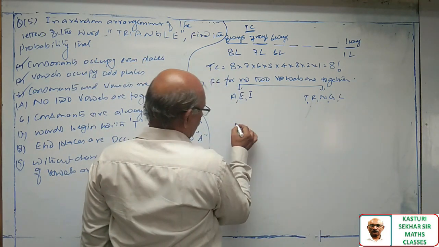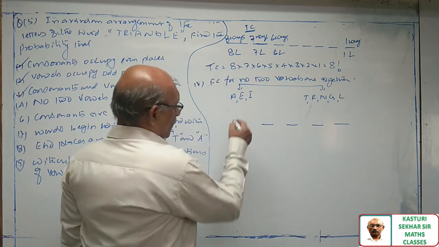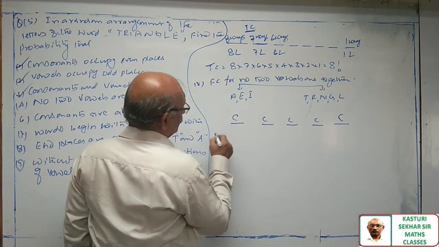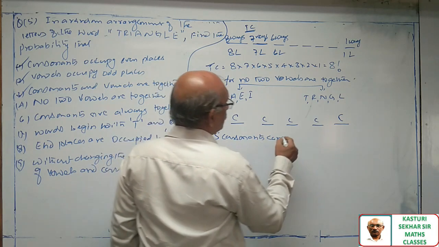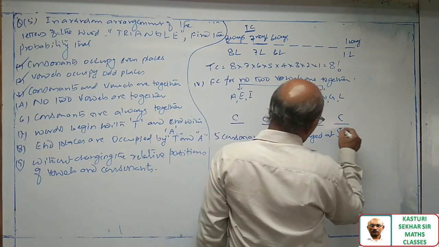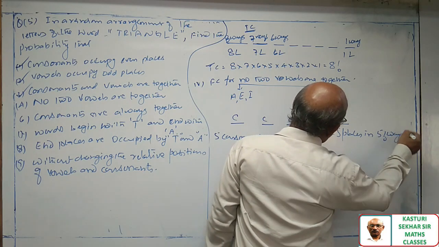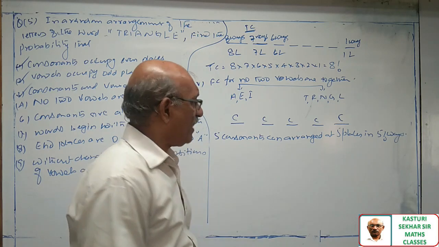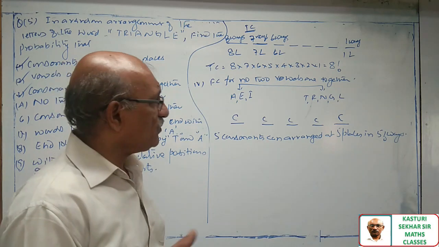So let us arrange first. 1, 2, 3, 4, 5 places I have. So I can put 5 consonants at 5 places in 5 factorial ways. So arrangement of consonants is over.